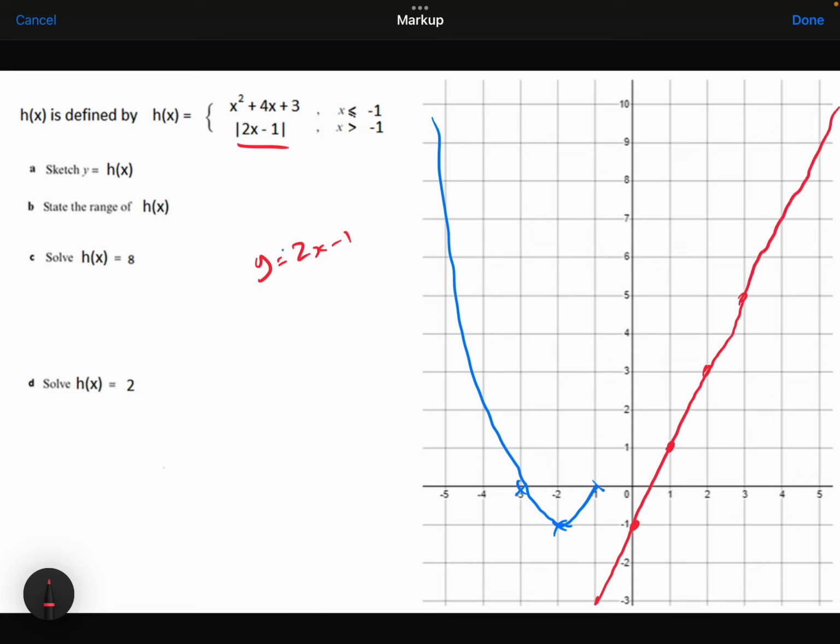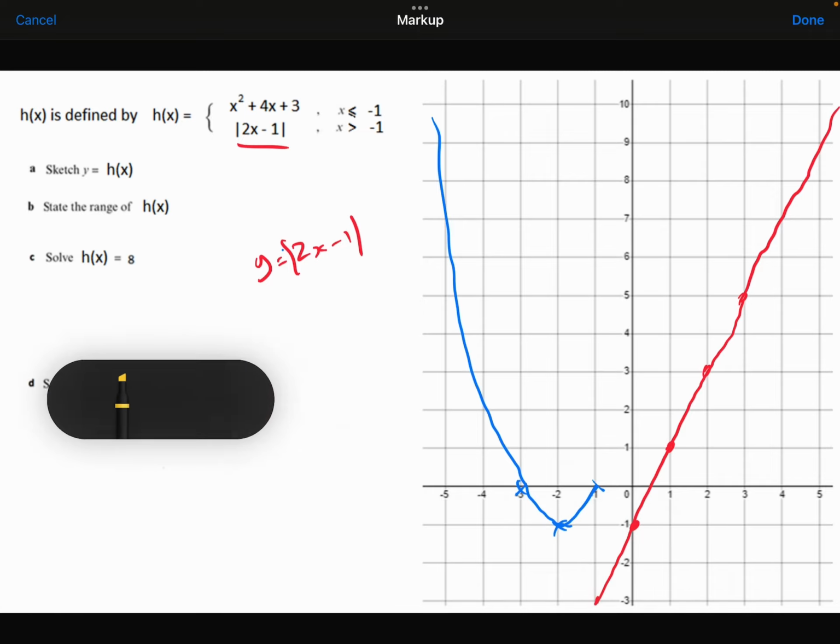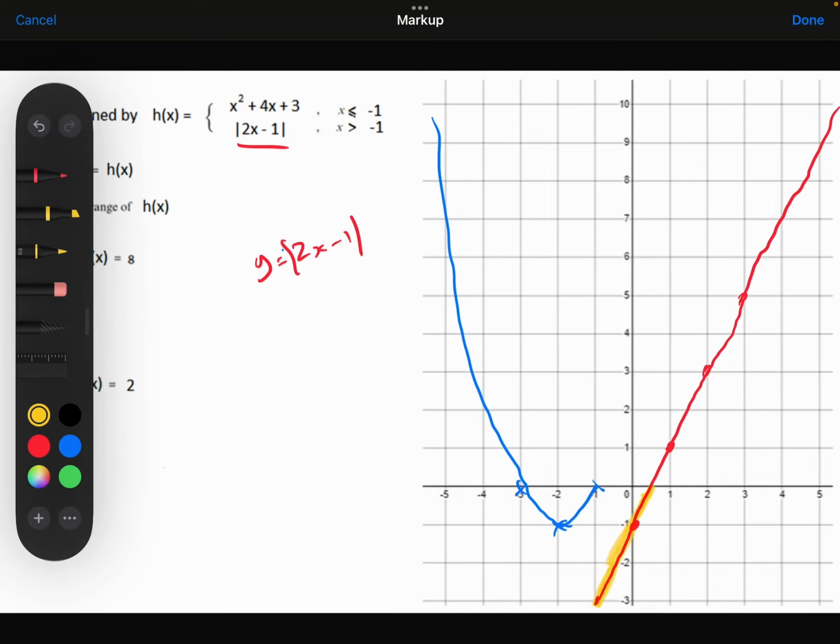So this is what y equals 2x minus 1 would look like. But if I do the modulus of that, that's going to multiply all the negative values, so all of these values down here, by minus 1 to turn them positive. So it's now going to look something like this.